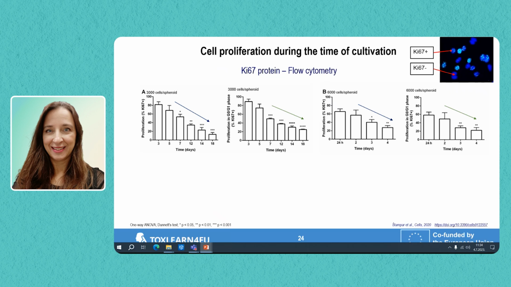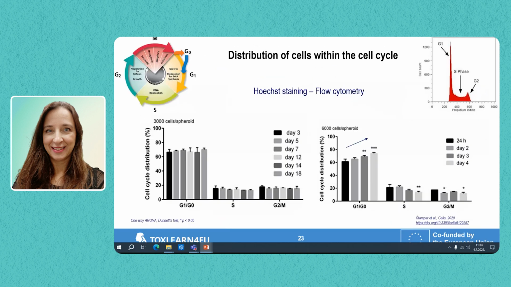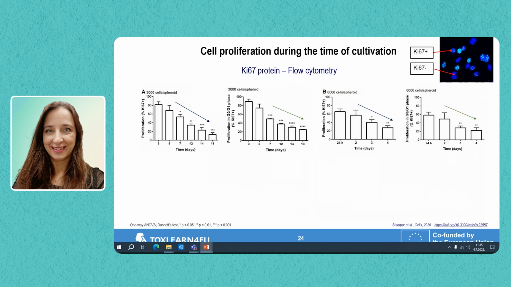Here, these are all the cells that we counted. In this graph, you see only the cells that we gated that were in the G0, G1 phase. And you can see that also in this, if you remember, only this phase, we have a reduction of Ki67 positive cells.